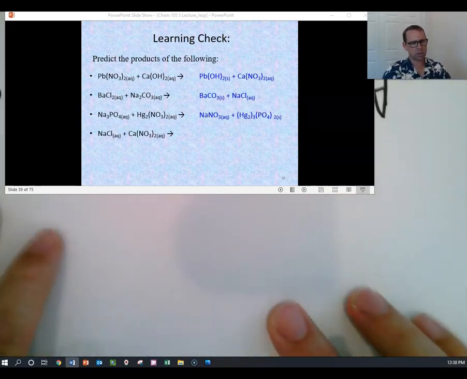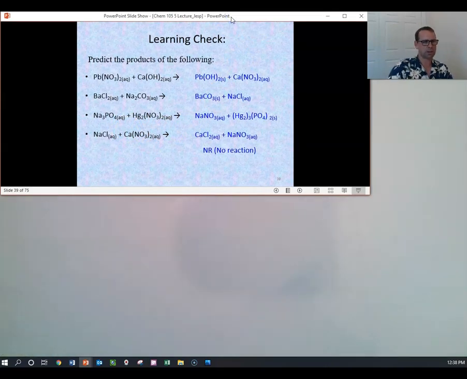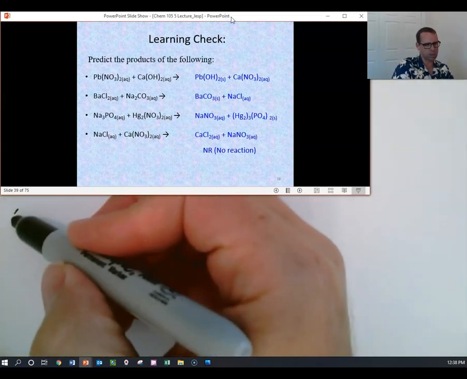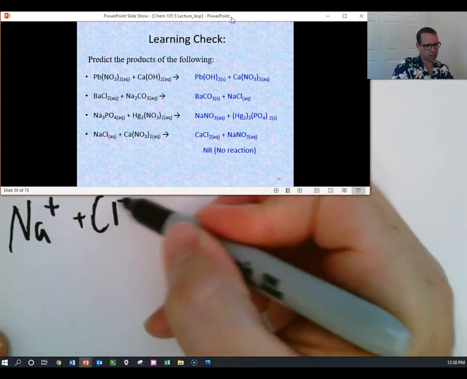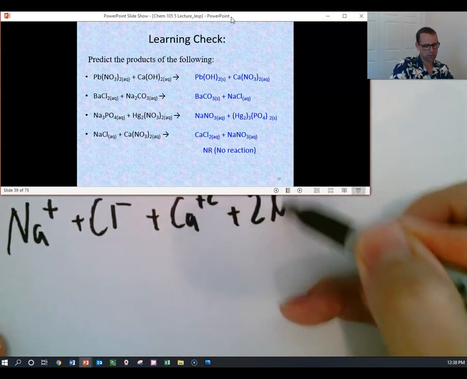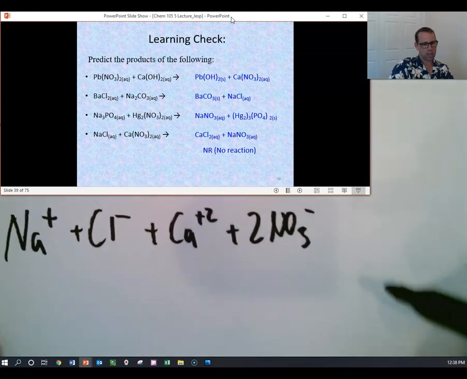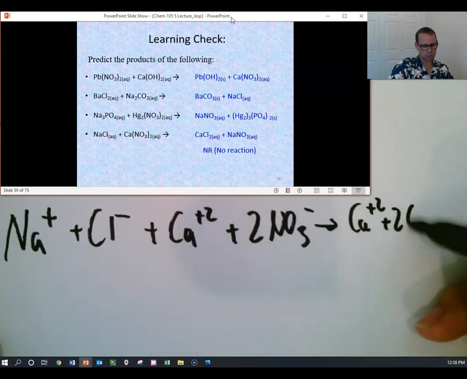Okay. So what that means is this reaction is not going to be a reaction. If I combine sodium chloride with calcium nitrate, nothing happens. And that's because if we think about the ionic equation first, you'd have sodium ions combining with chloride ions, combining with calcium ions, combining with 2 nitrate ions, and the product would be the calcium ion, 2 chloride ions.